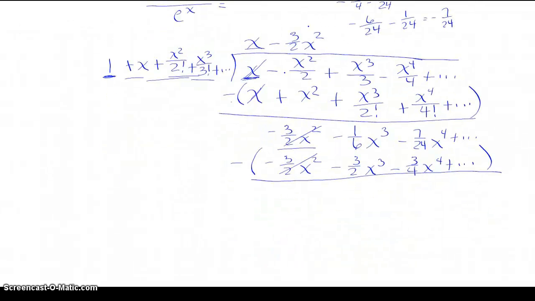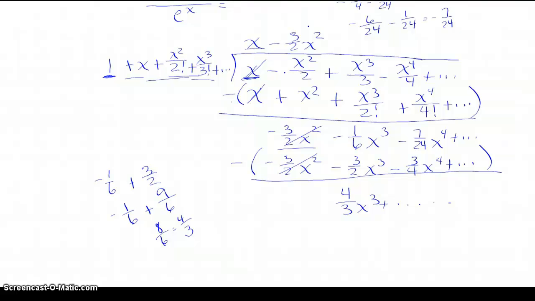So those first 2 terms are going to cancel. I have a minus 1/6 x cubed and a plus 3/2 x cubed. So a minus 1/6 plus 9/6 is going to give me 8/6 or 4/3. So I'm going to get 4/3 x cubed, and then so on. You get the idea.